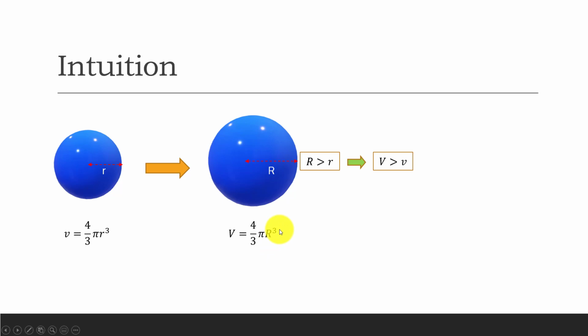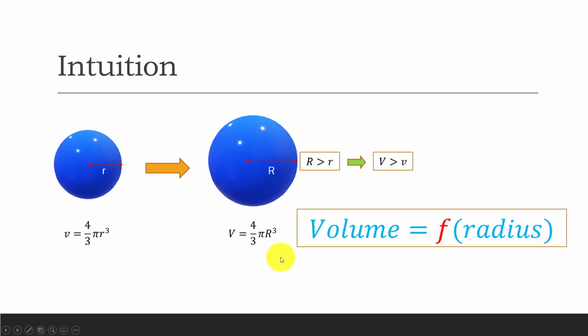So the changing of the radius has a direct impact on the volume of this spherical balloon, correct? So we can say volume is a function of radius, where the volume is the dependent one and the radius is the independent one.